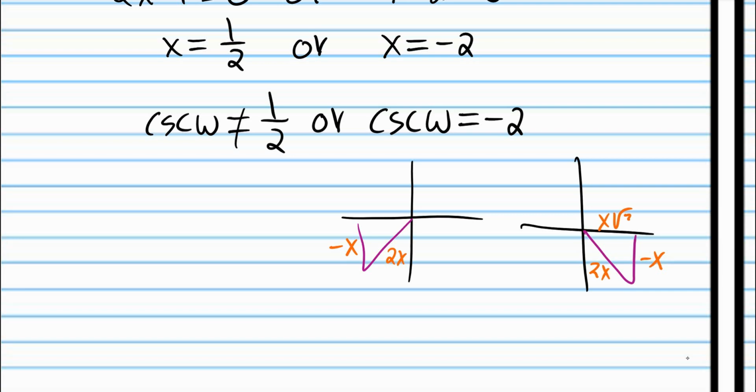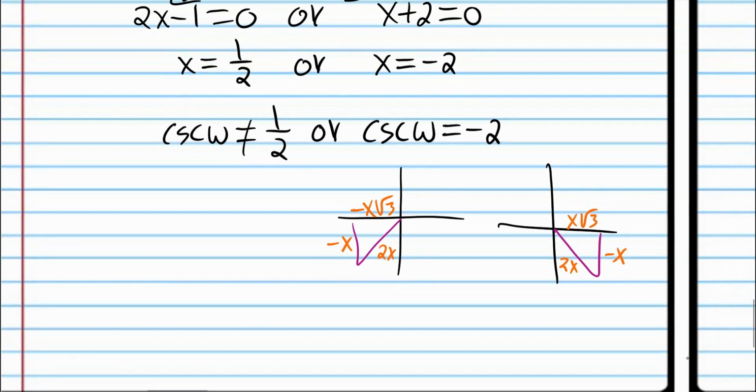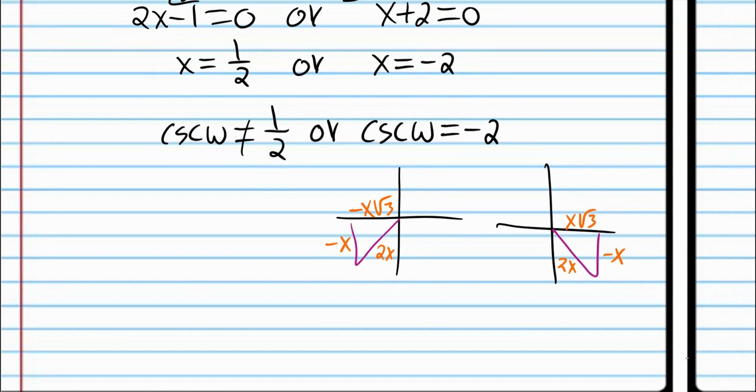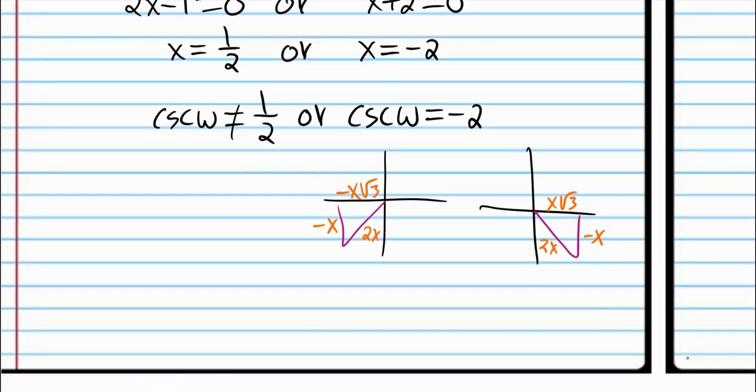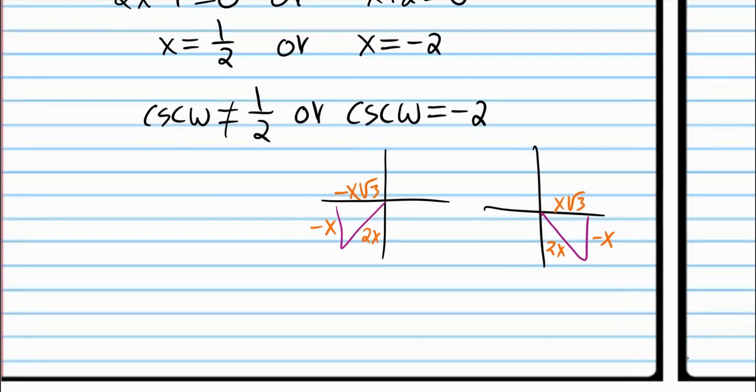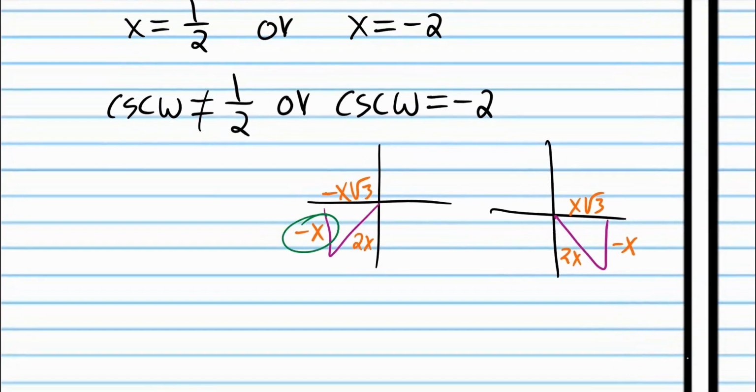And we don't really need the other side, but the other side would be x root 3. And the reference angle has to be whatever angle is always opposite x, which of course is 30 degrees.